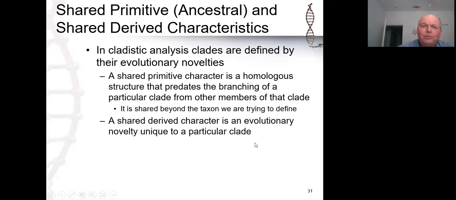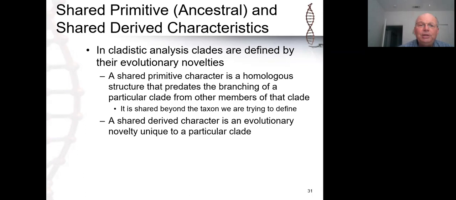One of the other problems that we do have in establishing phylogenies, and particularly establishing cladistic trees or phylogenetic trees, is these two ideas: shared primitive, or as the book currently refers to them, shared ancestral characteristics, and the other group, shared derived characteristics.